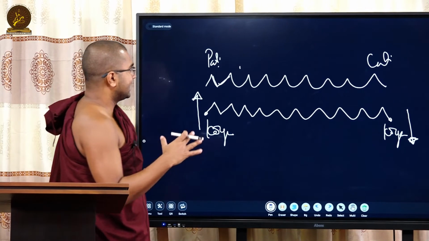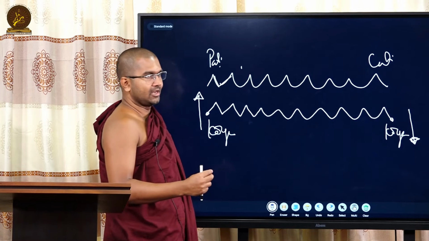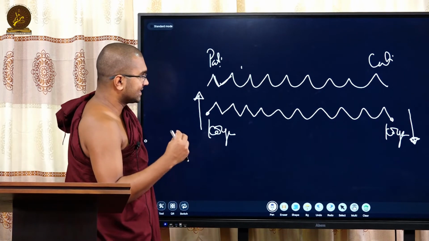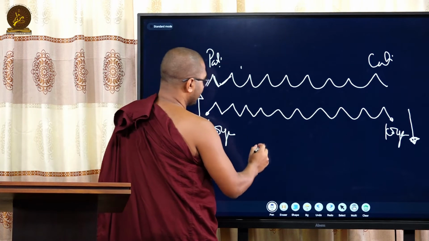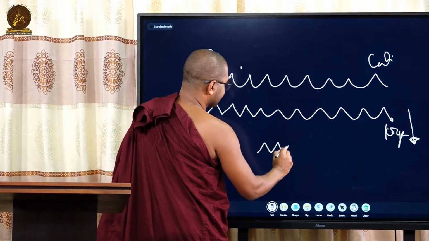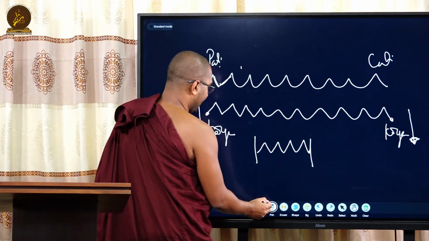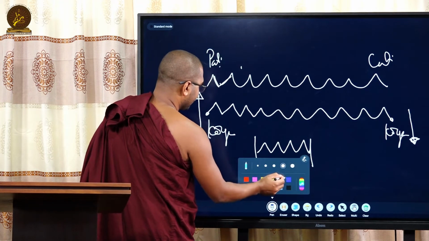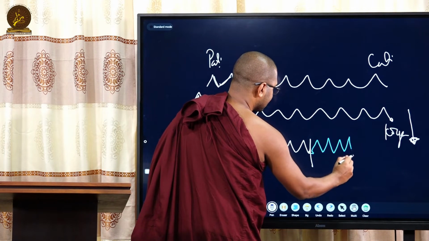We do not need to understand how they rise and fall momentarily. There is a secondary way. Think about the Utuja Rupas. Utuja Rupas do have generations. For example, we go into an air-conditioned room and we come out of it.